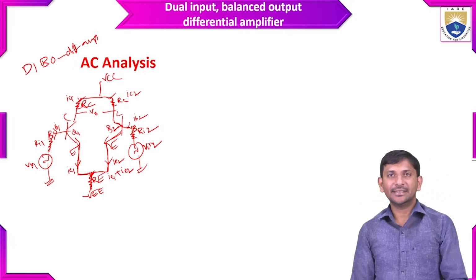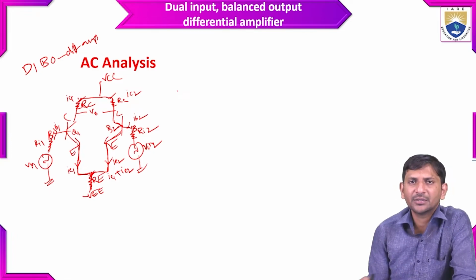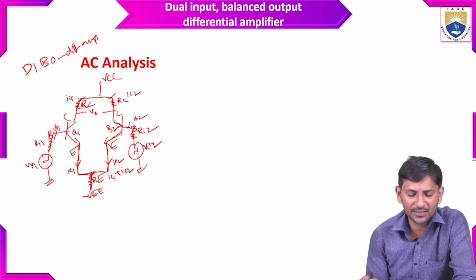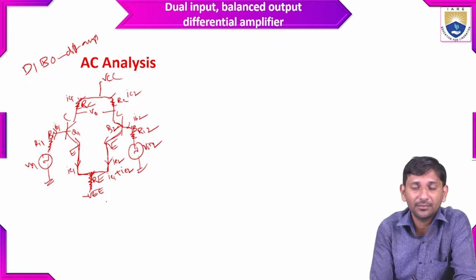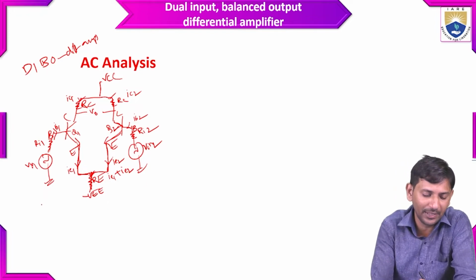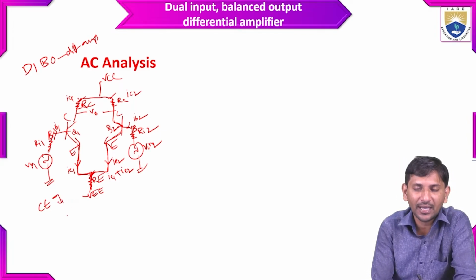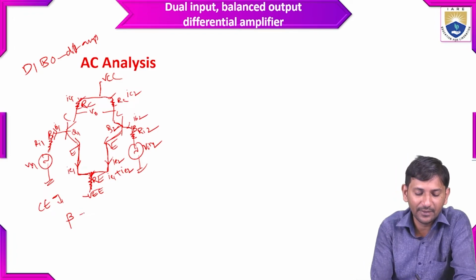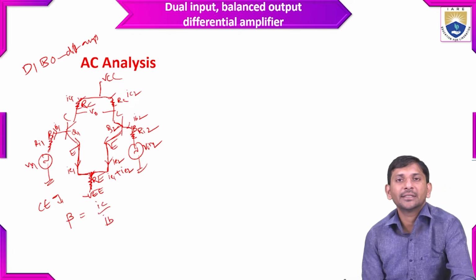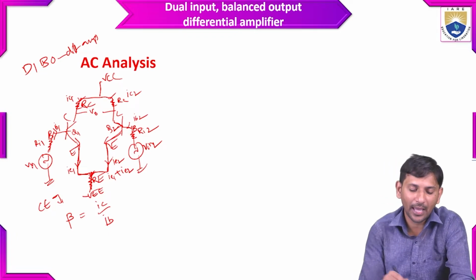If you consider this dual input balanced output differential amplifier circuit, the basic configuration of the transistor is common emitter, with amplification factor beta. In the common emitter configuration, beta is expressed as output current by input current, that is, the collector output current by the base current IB.